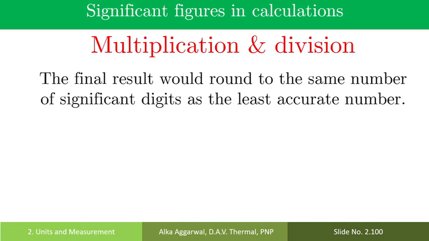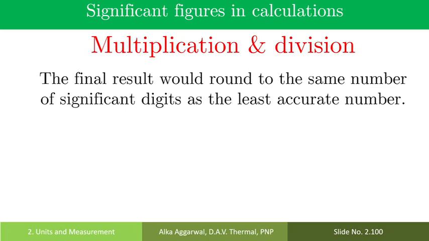When we multiply or divide the quantities, the final result would be rounded to the same number of significant digits as the least accurate number. That is, the final result would be rounded off to the same number of significant digits as the least measured value.